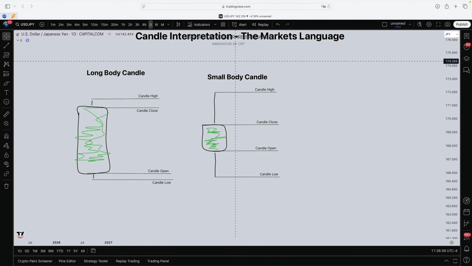There we go. So this is a small body candle. So now this still shows indecision. In most cases, it could be sort of bullish or bearish. But once again, this gives you a range of what the market is doing, and you can see that some type of shift could potentially be happening because something is changing in the formation and the momentum of the candle.